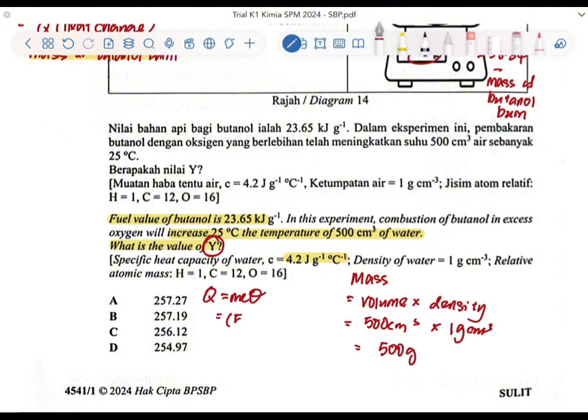We can put this value into m, and the specific heat capacity in this case is 4.2, and it increased the temperature by 25 degrees Celsius. Calculating with the calculator, we will get 52500 joule, which converts to 52.5 kilojoule.